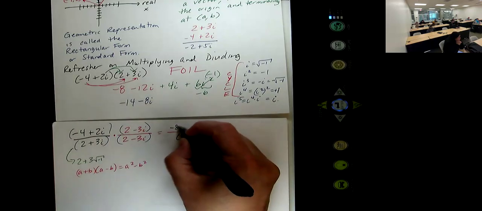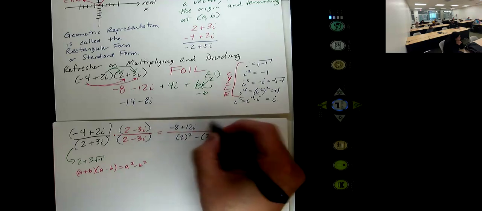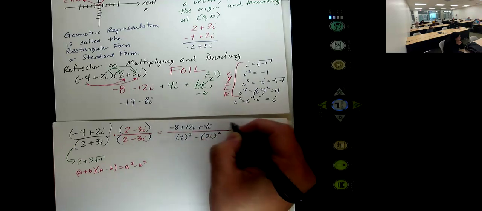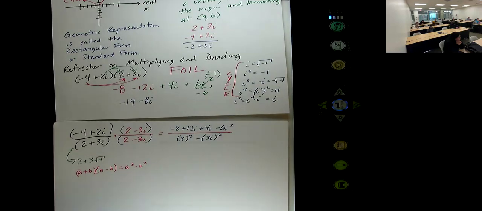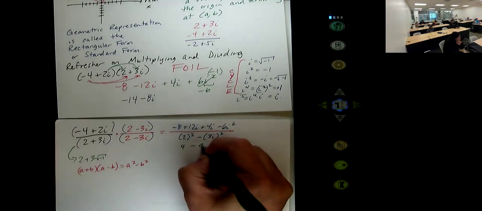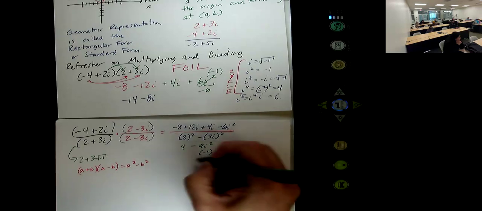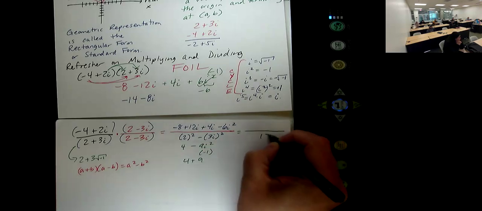We have -8 plus 12i plus 4i minus 6i squared. Let's see if we clean this up. This is 4 minus 9i squared. But i squared is -1. So this ends up being 4 plus 9 on the bottom, which is 13.